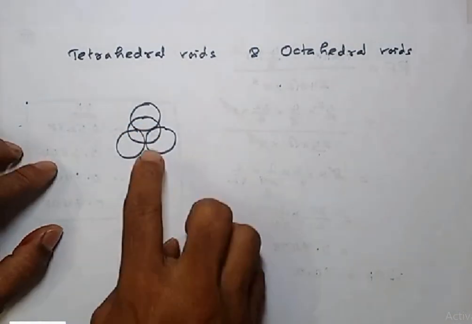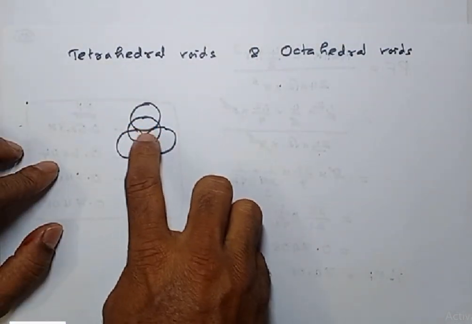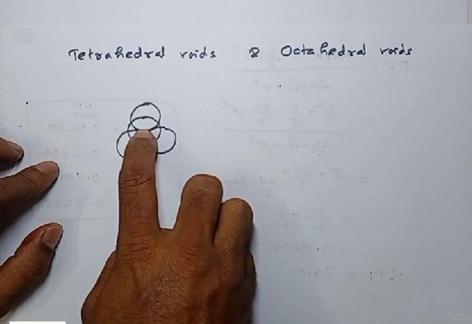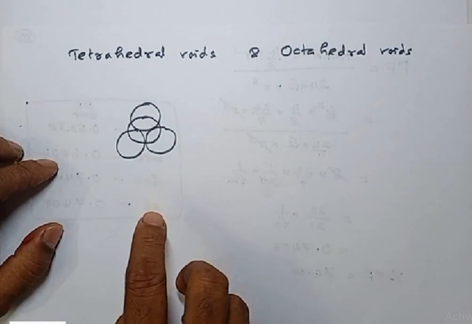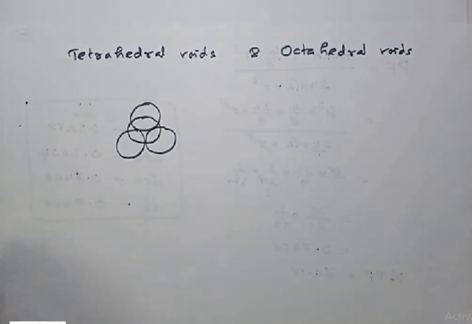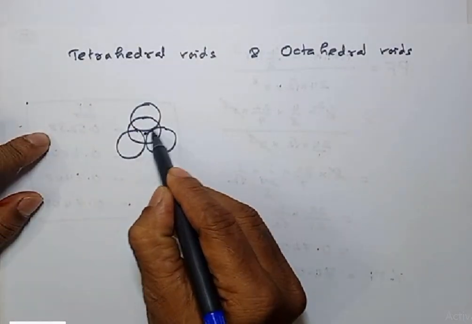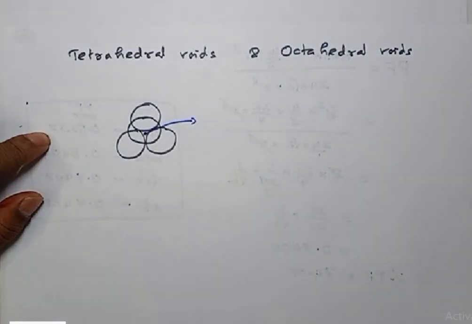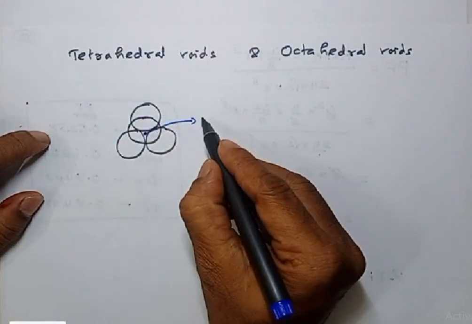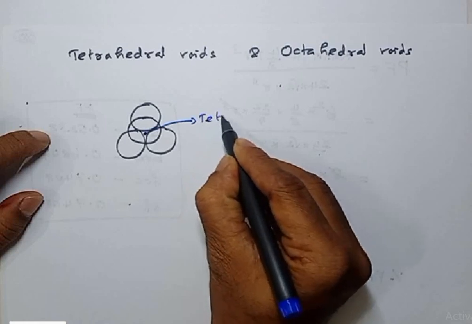If you join the centers of all the balls, you take the center of this ball and the one above, you connect them, you will get a tetrahedron. Now there is a gap here between all the 4 balls.